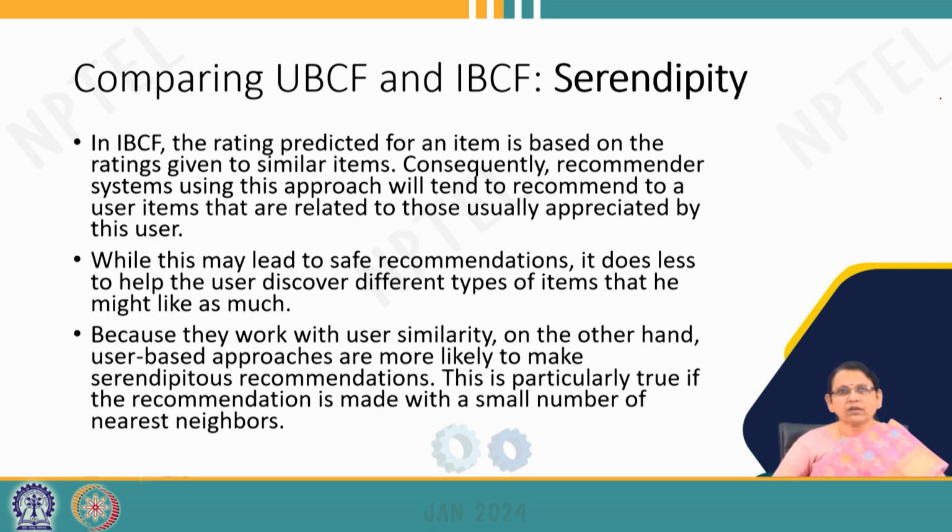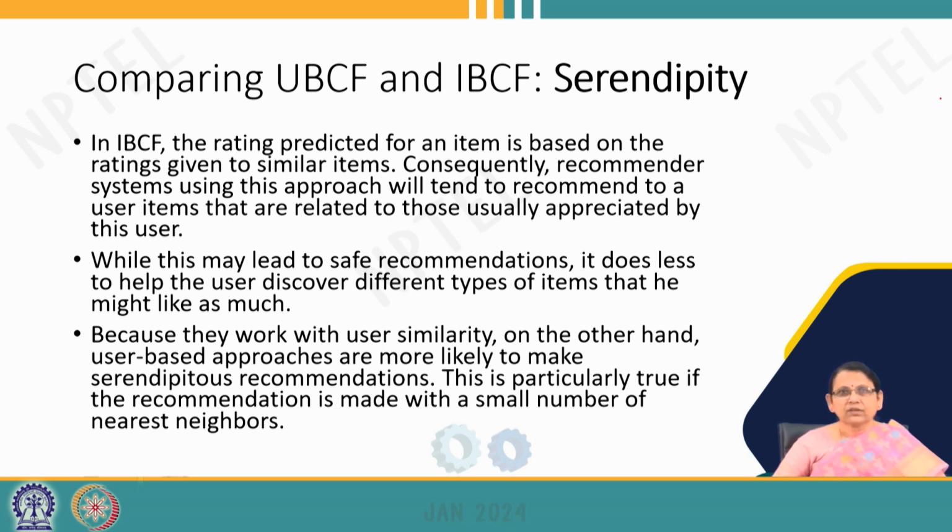When we go for item based collaborative filtering, item similarity measure, so you tend to recommend the items which are similar to that particular item. In situation like that of, let us say, movie, it may be a safe recommendation because maybe that particular user is always interested in watching comedy movies.